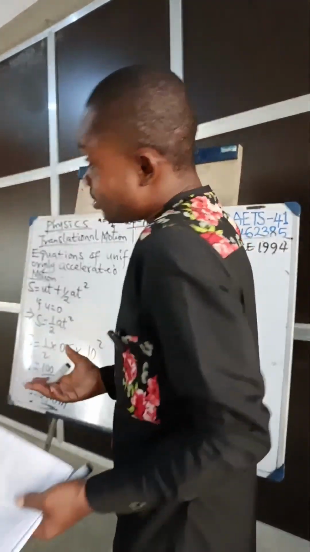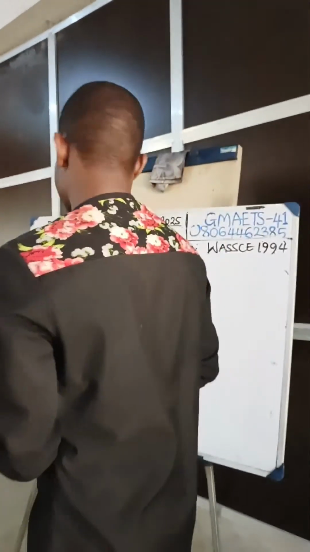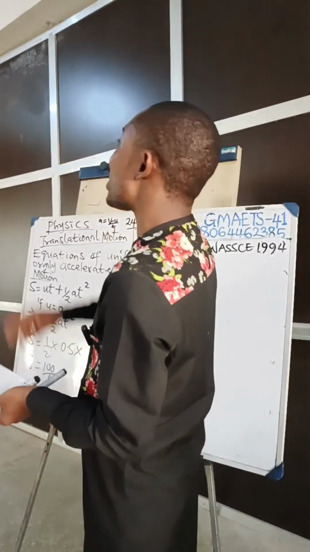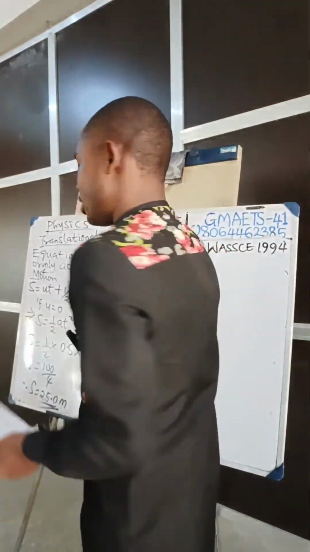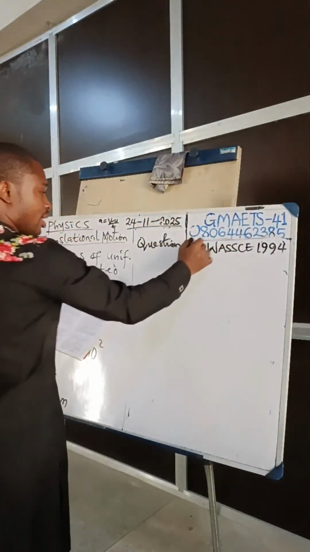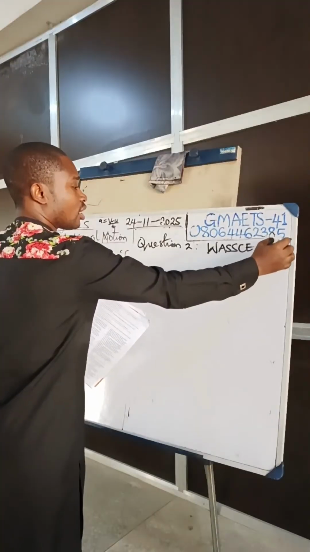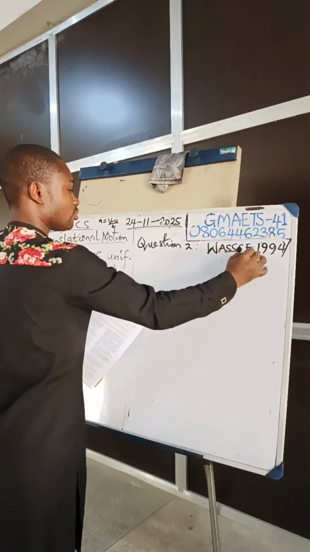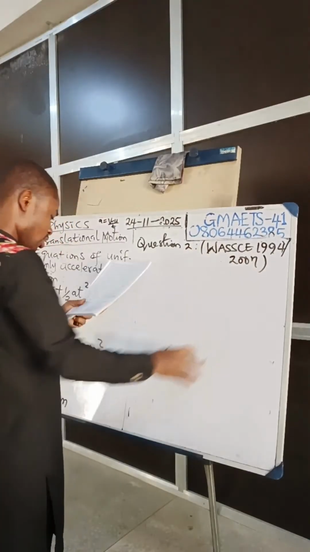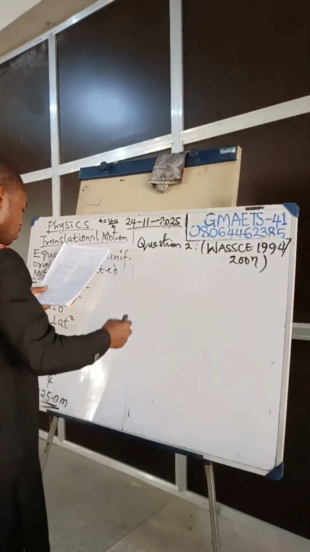Sometimes they repeat questions, and you will swallow past questions instead of studying first and understanding. Are you getting me? Let me say 94/97, slash 2007. Let me copy the question on the board.